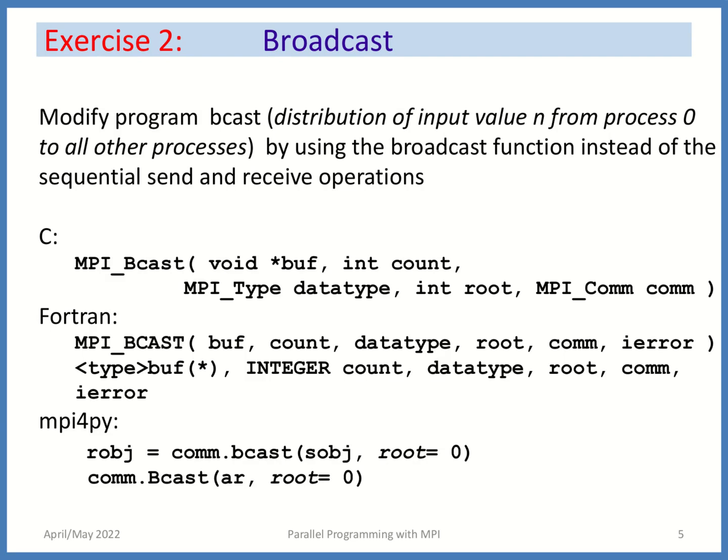You don't need a tag to identify the message, because all processes have to participate in the same broadcast operation. There's no parameter, no argument in the calling sequence for the tag, for this type of collective operation.